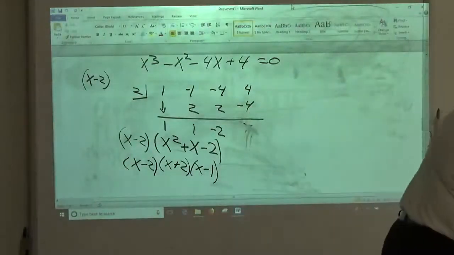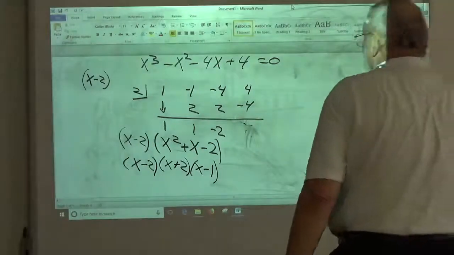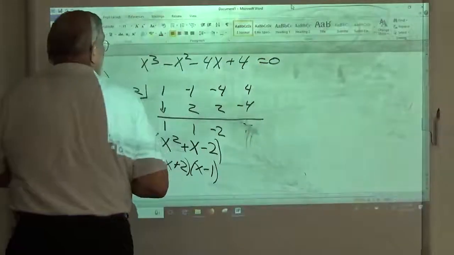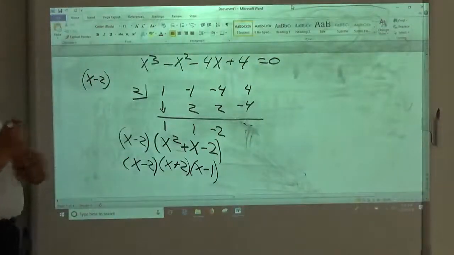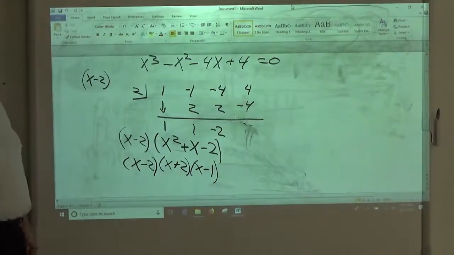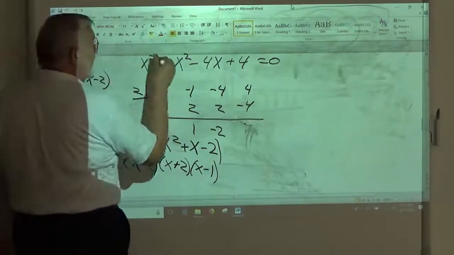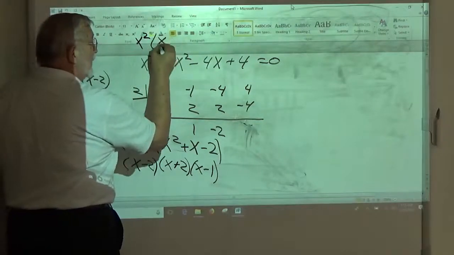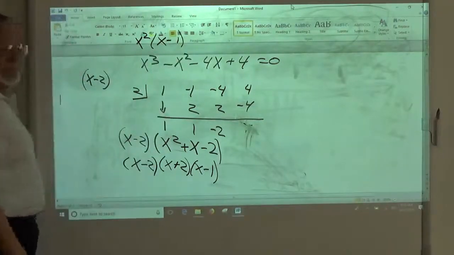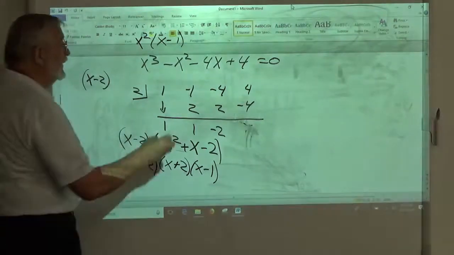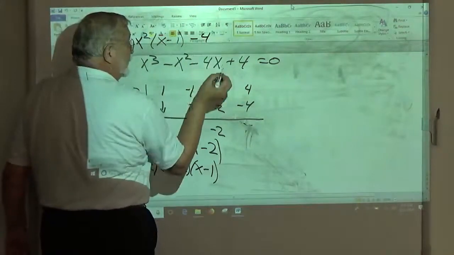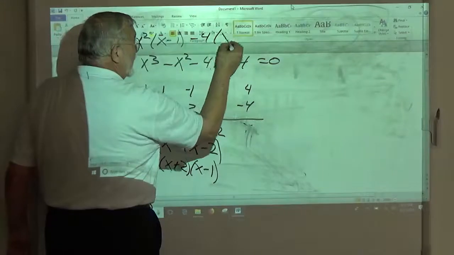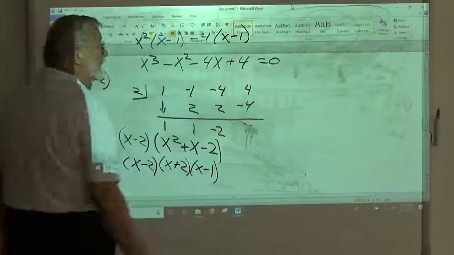Now, watch this. If I were to factor this, this is x squared and x minus 1. This is negative 4 and x minus 1.